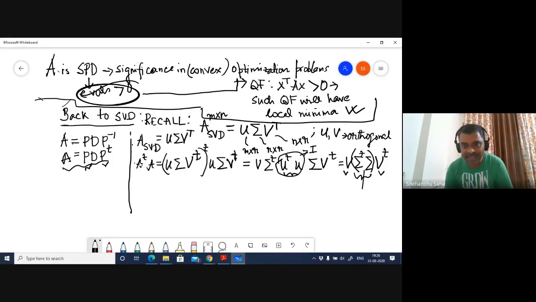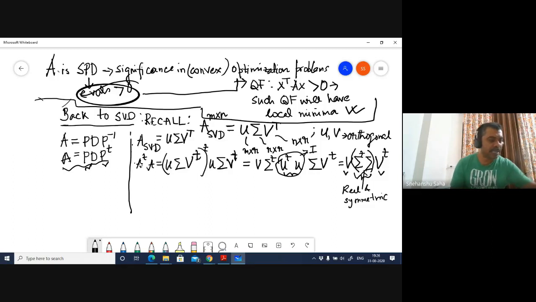So this guy is definitely real and also symmetric. This also turns out to be a diagonal matrix, which we will see.